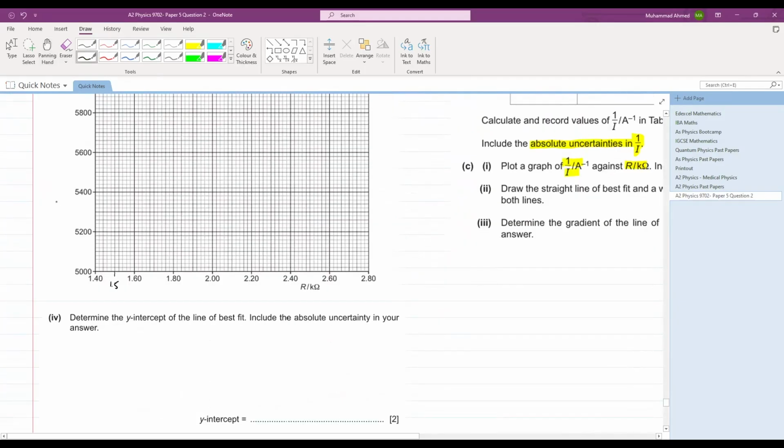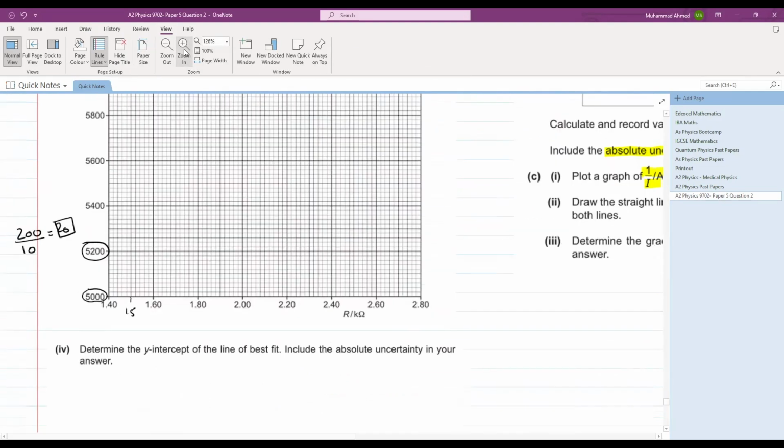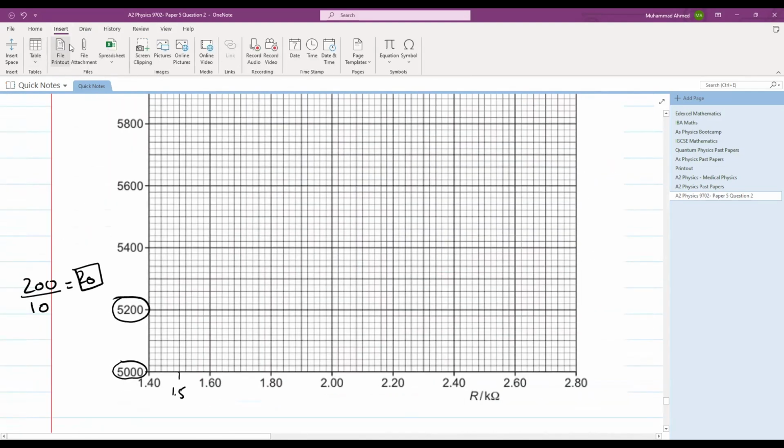Very easy. On the y axis, if you see, you are going from 5000 to 5200. That is a difference of 200 in how many boxes? 10 boxes. That means one box represents a difference of 20 units. Perfect. So you have to find 5150.